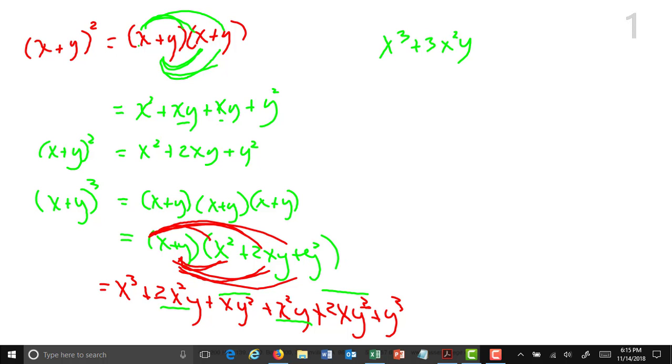How about this animal, the xy squareds? Well, I got one here and two there. You see it? So I have another what? Plus 3xy squared animals? Yeah, those are xy squared animals. And then what do I have last? Plus what? Y to the what?